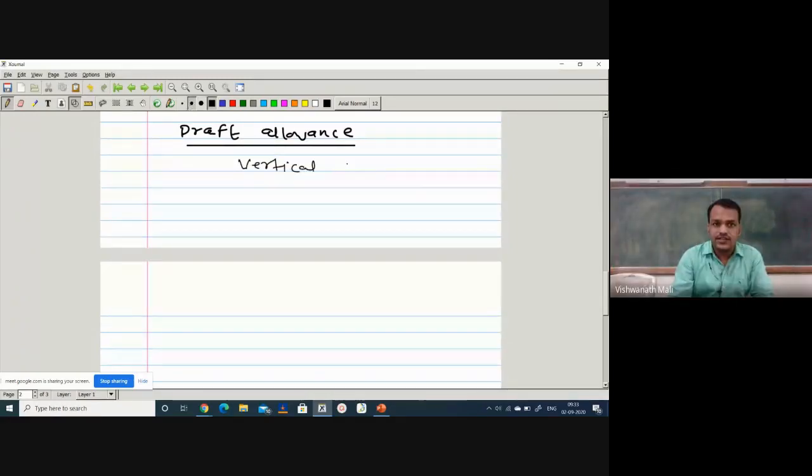When there are vertical surfaces or edges, then we give the draft allowance in order to easily remove the pattern without damaging the mold. That is the main purpose of this draft allowance. We have seen the example. This is the part which you want to manufacture.